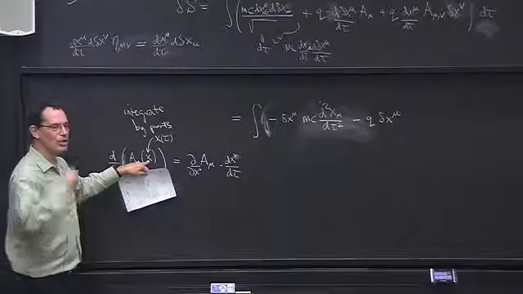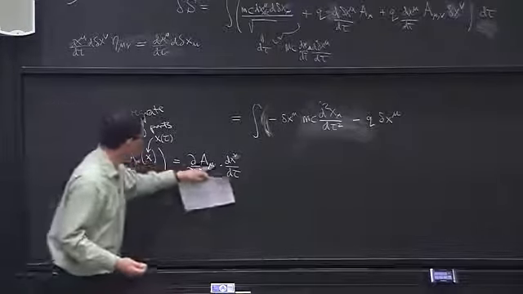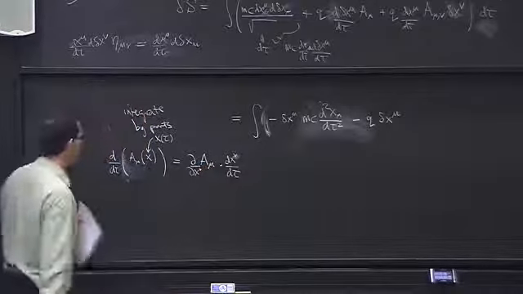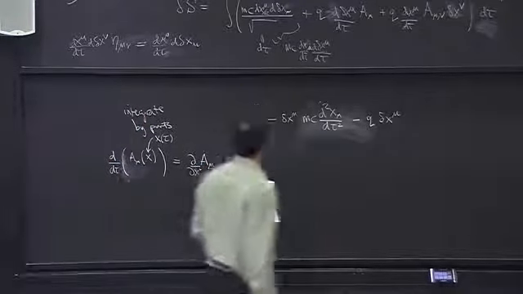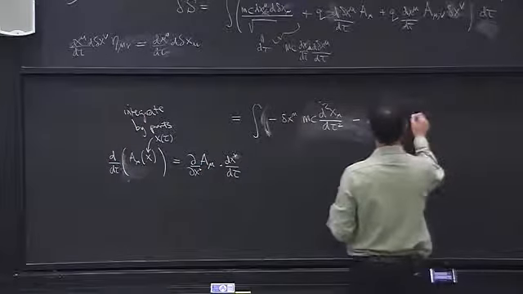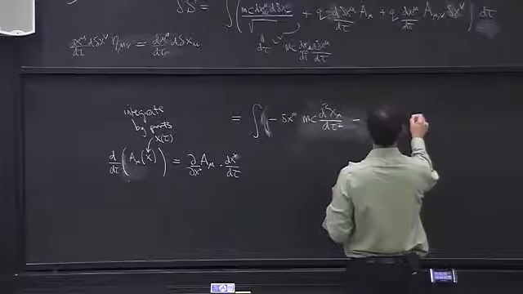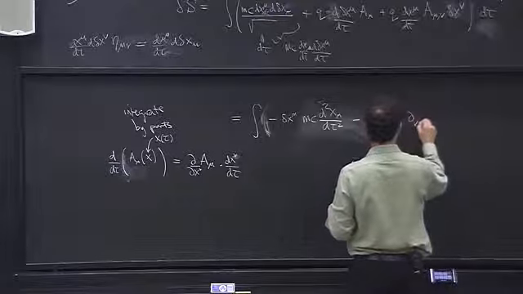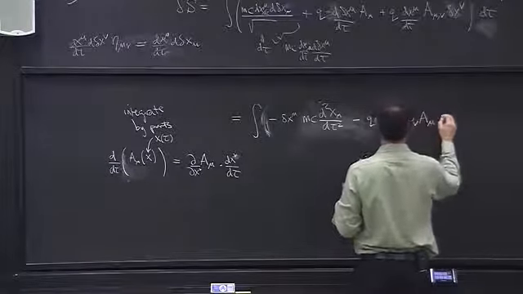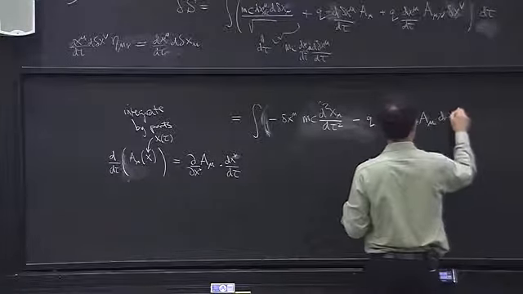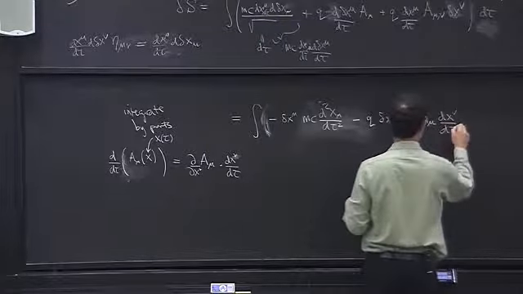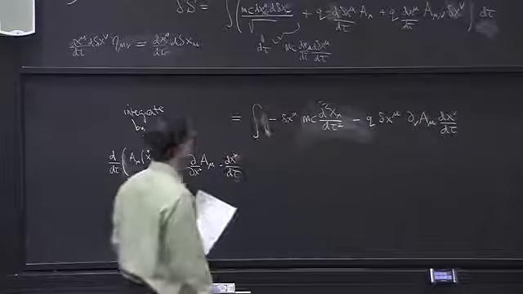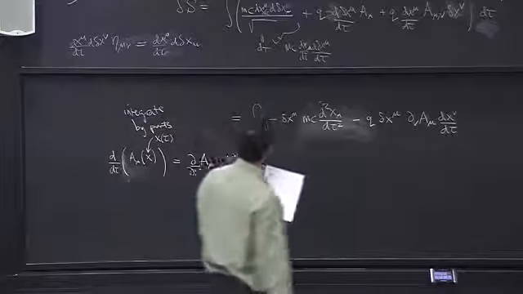I first differentiate with respect to the argument, then I differentiate the argument with respect to tau. Okay, good. So in this term, we've got ∂_ν A_μ dx^ν/d tau. So that's the second term.